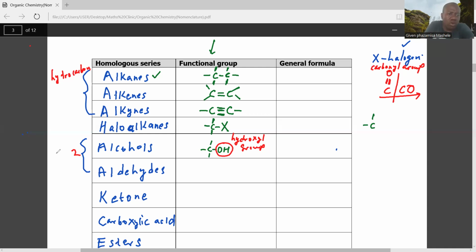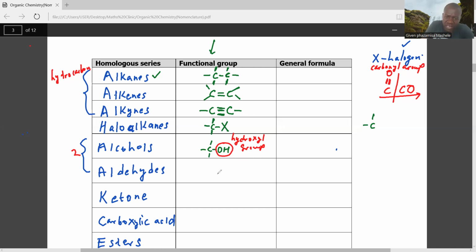In order to know the functional group of an aldehyde, of a ketone, of a carboxylic acid, and of an ester, there is something that you need to understand here. In the aldehyde, the ketone, the carboxylic acid, and the ester, this carbonyl group is present in these 4 homologous series.